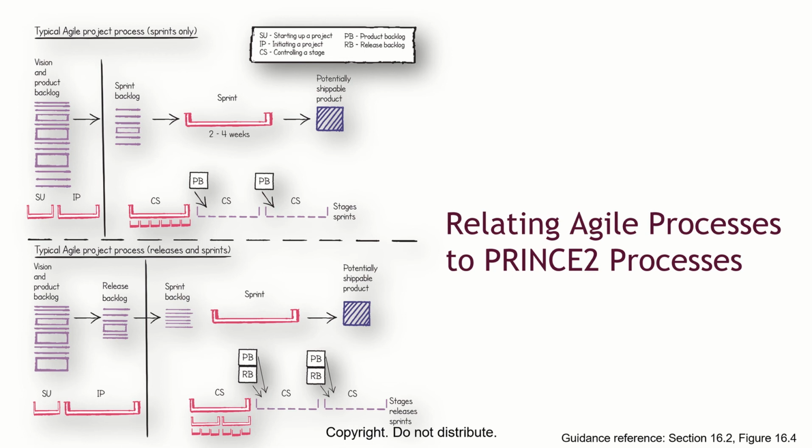All right, so typical agile projects process. Agile projects are projects that are broken down into iterations. Instead of using the word iterations, you can use the word sprints.